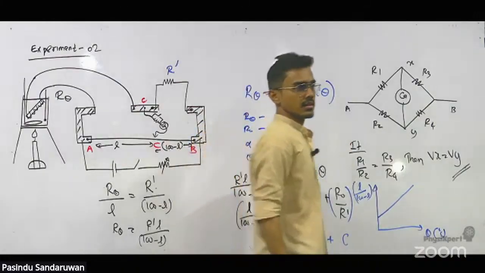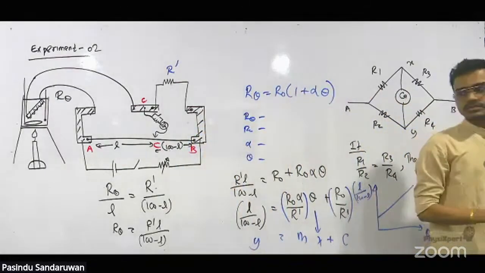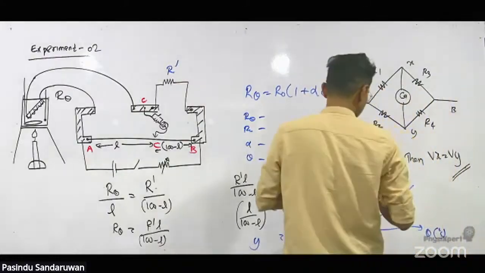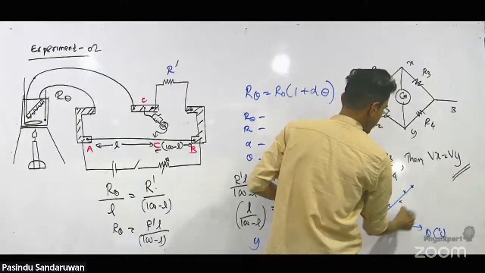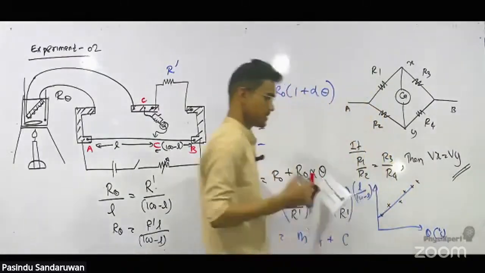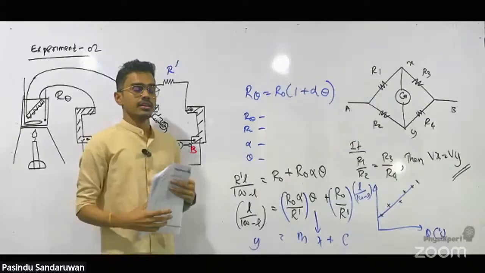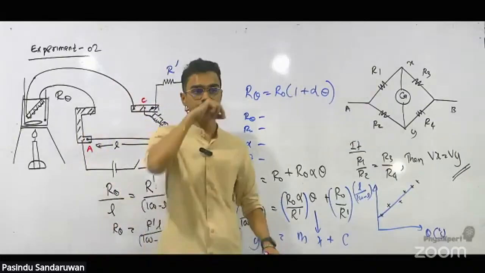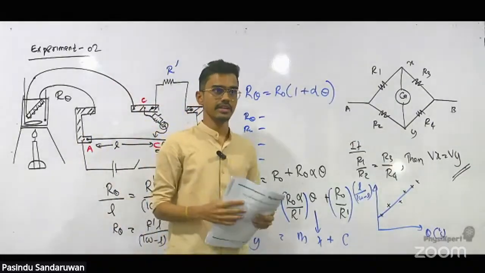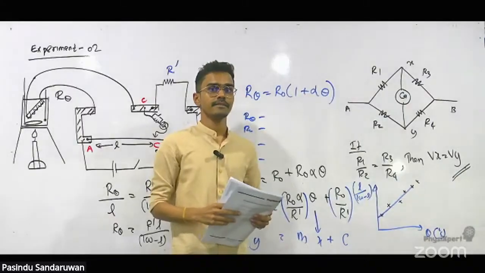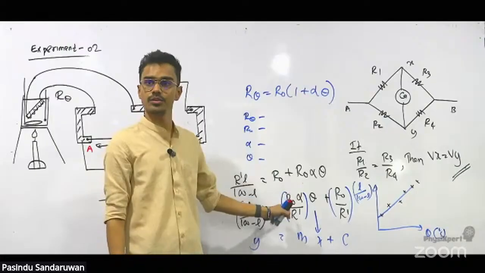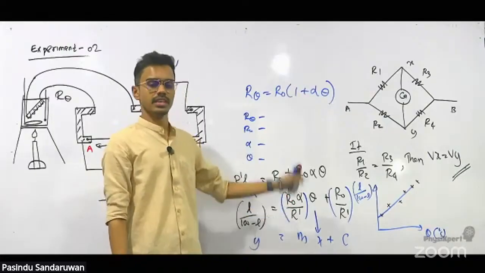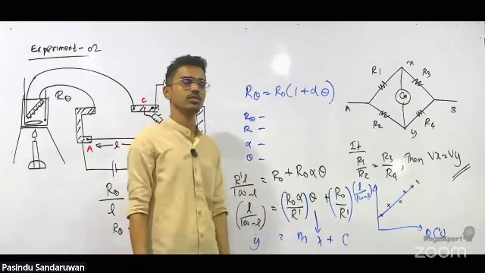Then how can we find alpha? With the graph and the 6 readings here, what's the easiest way to find the temperature coefficient alpha? Using the gradient? No. Why? Because R naught is unknown. Even when R naught is known, we don't go with that option.